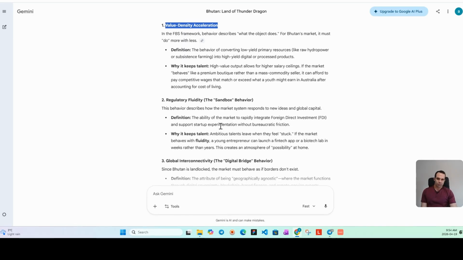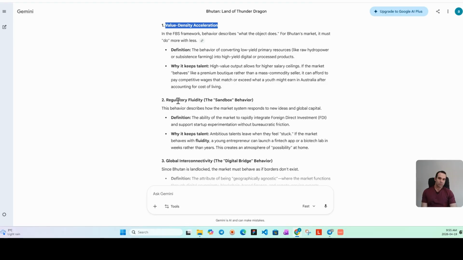Okay, regulatory velocity. This behavior describes how the market system responds to new ideas and global capital. Definition: the ability of the market to rapidly integrate foreign direct investment and support startup experimentation without bureaucratic friction.